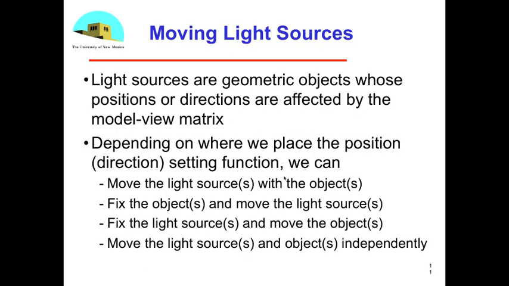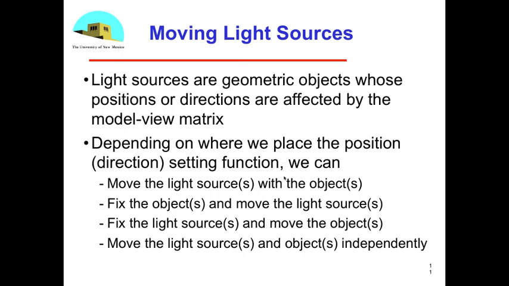Moving light sources are very straightforward to do because a light source is a geometric object. It's like any other geometric object. So if I change the light position, the direction of the light or its location, if it's not a distant source, or even if it's a distant source, are going to change.